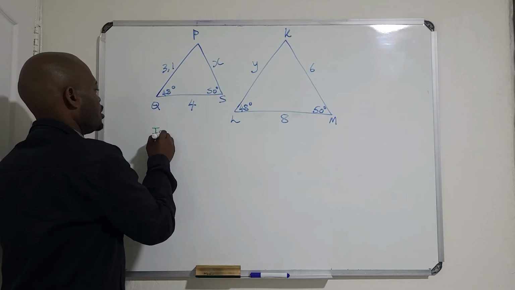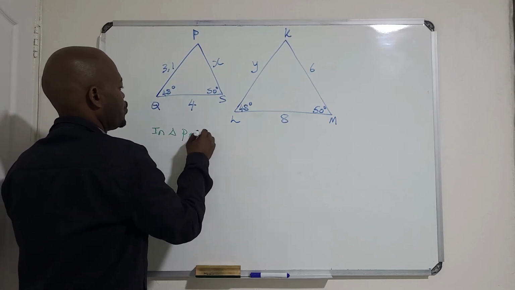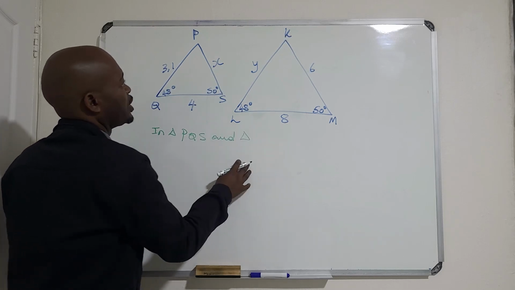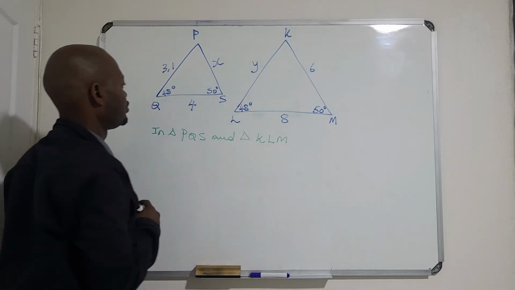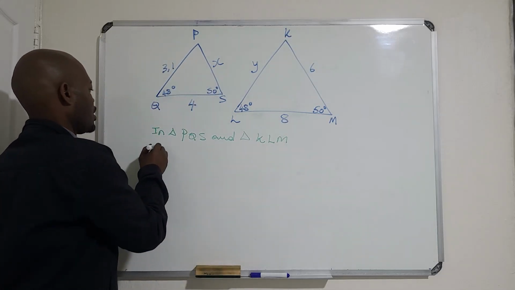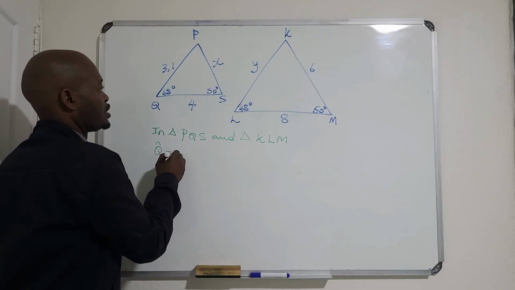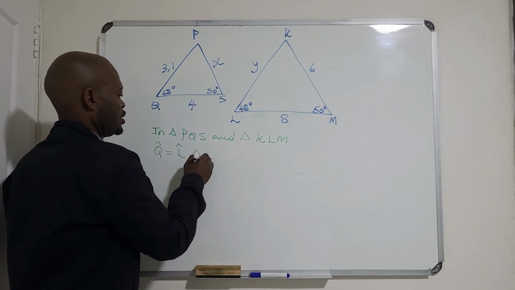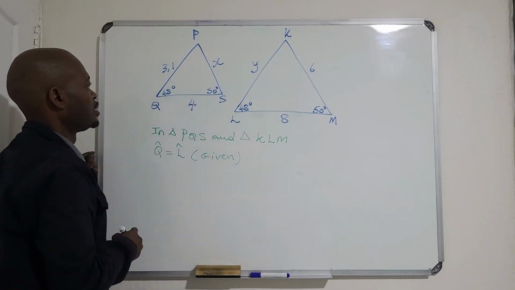In triangle PQS and triangle KLM, angle Q is equal to angle L, given.